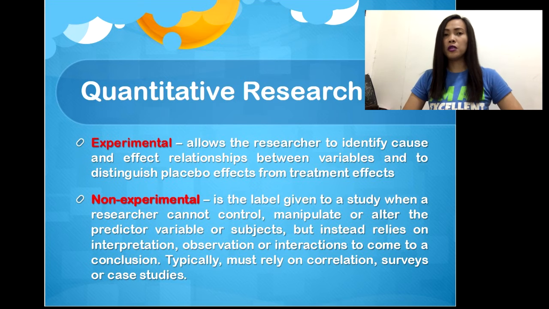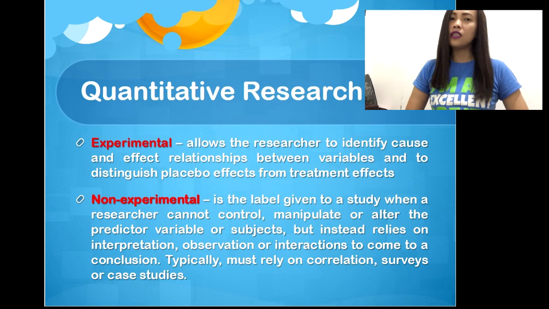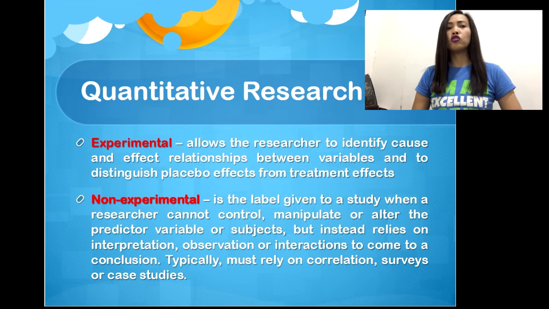Now, the non-experimental research design, which is also known as descriptive, is the label given to the study wherein the researcher cannot control, manipulate, or alter the predictor variable of the subject.